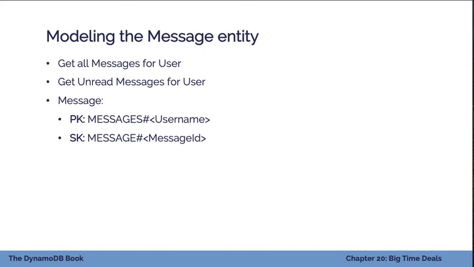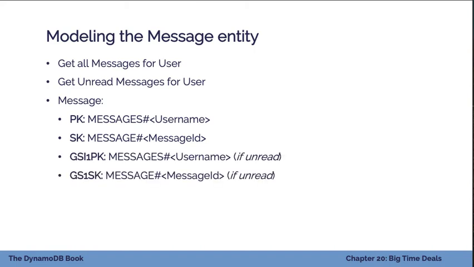Now, moving from messages to unread messages, I prefer to model that into a secondary index if you can, because if you're going to be doing some heavy filtering, I think it's almost always better to do it in an index rather than doing it after the fact, because you're just going to be burning read units. So let's set up a global secondary index, and we'll be using a sparse index pattern. But what we're going to do a little different here, we're filtering within a particular entity type.